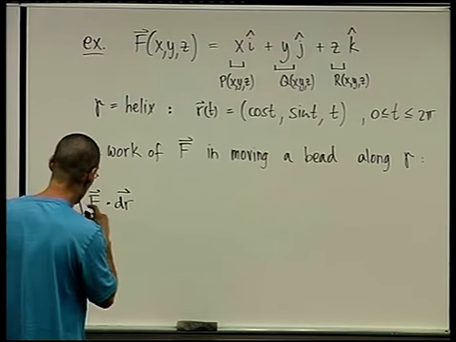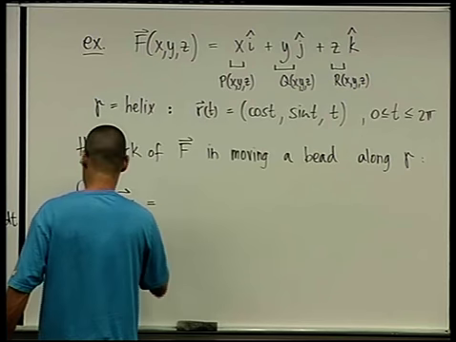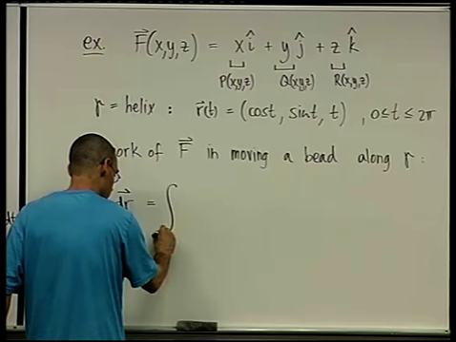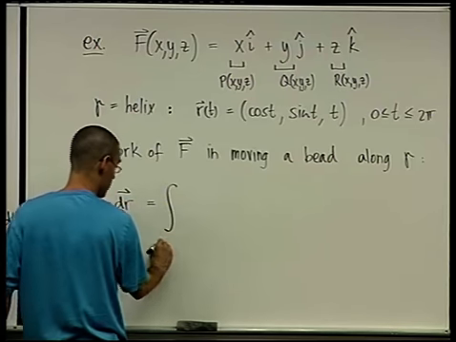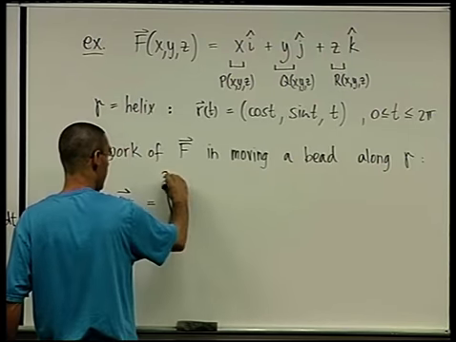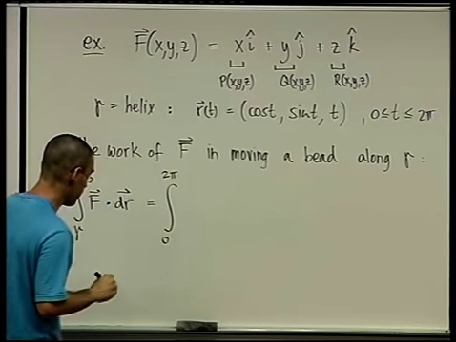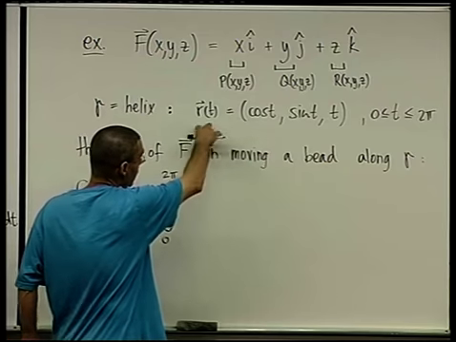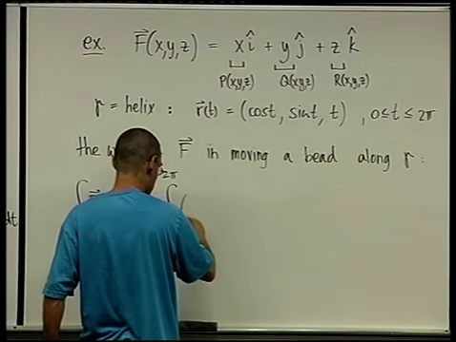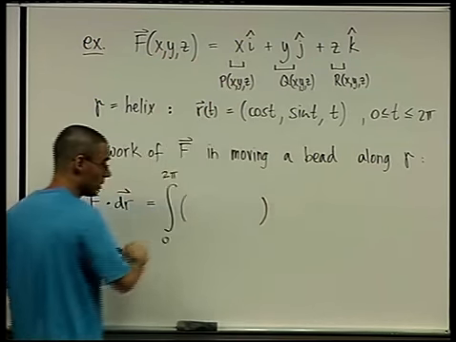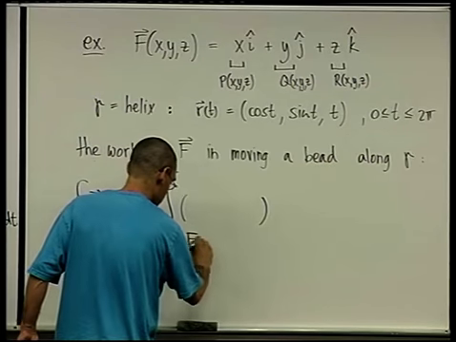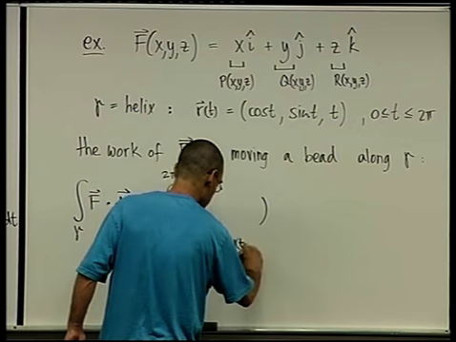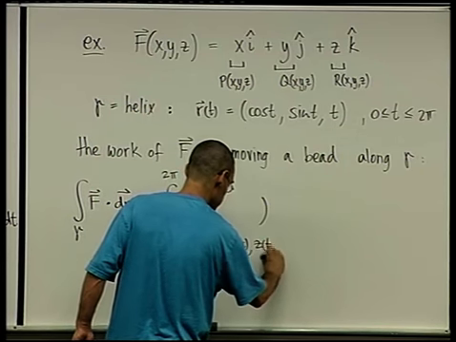But what we can work with is we have to calculate all the details that we had. So it's going to be the integral from a to b, 0 to 2 pi, of F on gamma, so F on gamma, it's going to be a vector. So this is F of x of t, y of t, z of t.